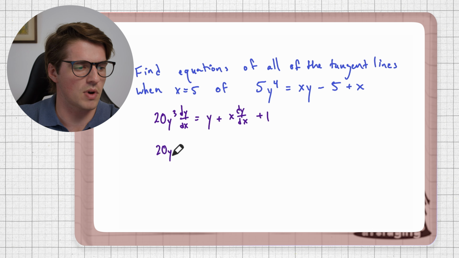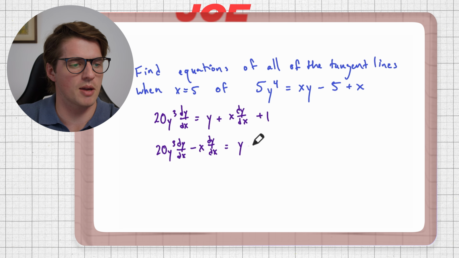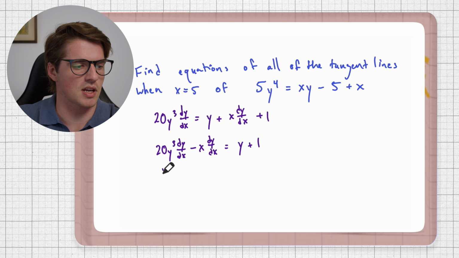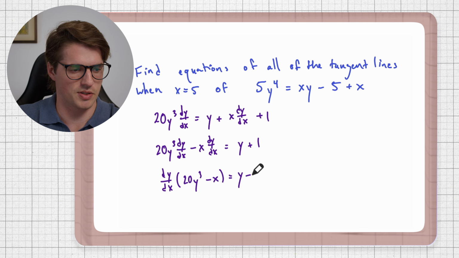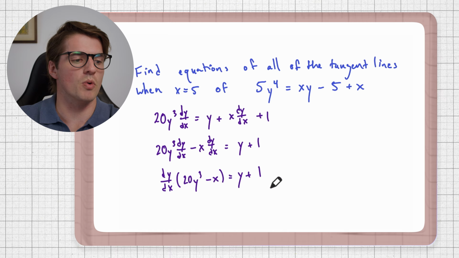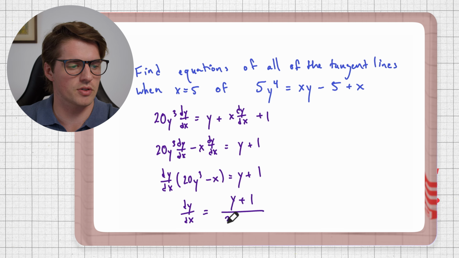So 20 y to the 3rd dy/dx minus x dy/dx is equal to y plus 1. Factored out, dy/dx times (20y cubed minus x) is equal to y plus 1. So we'll divide. dy/dx is equal to y plus 1 over 20y cubed minus x.